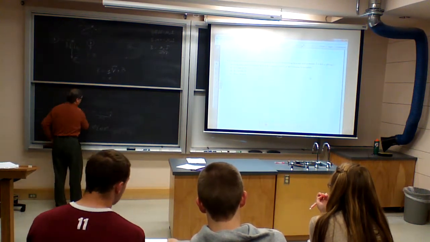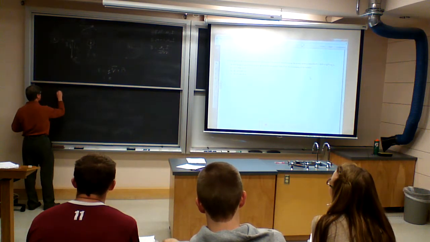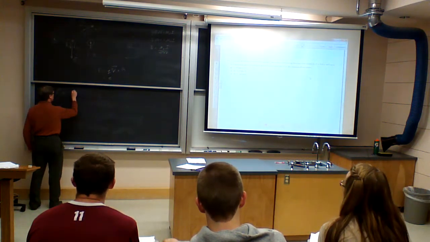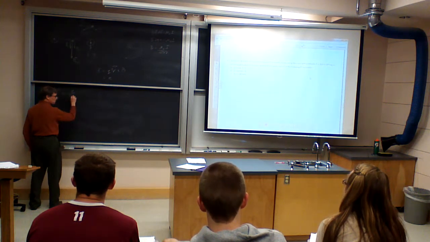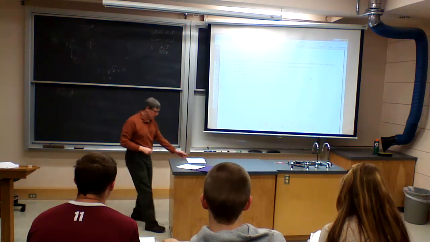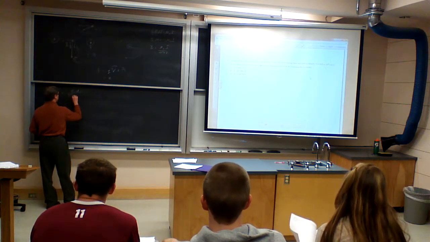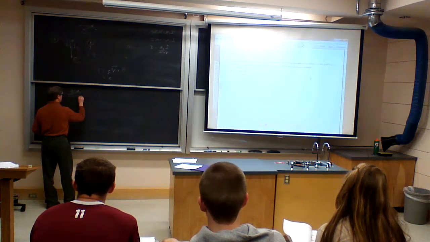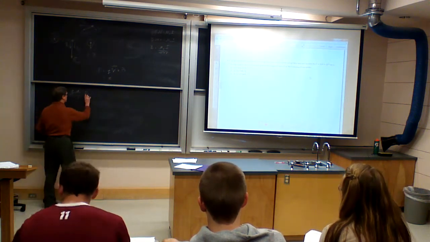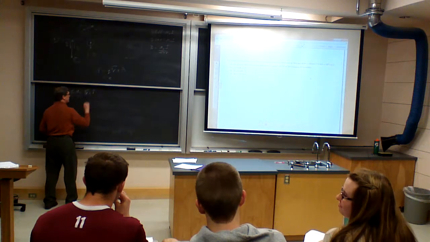What law do we use here? Biot-Savart's, what is it? I don't have my equation sheet. B equals q mu naught over 4 pi r squared times the cross product of the velocity and r hat.